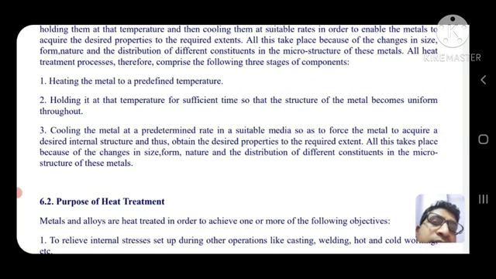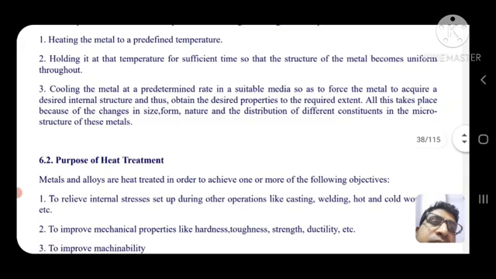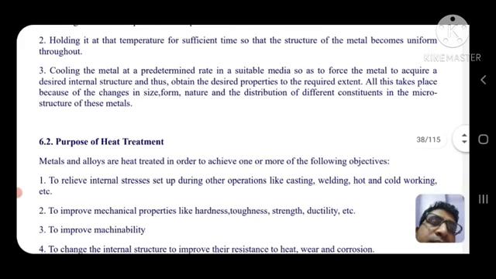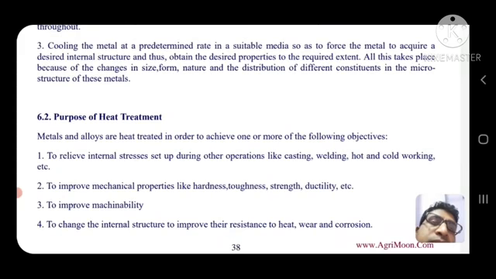All heat treatment processes therefore comprise the following three stages: heating the metal to a predefined temperature; holding it at that temperature for sufficient time so that the structure of the metal becomes uniform throughout; cooling the metal at a predefined rate in a suitable medium so as to force the metal to acquire a desired internal structure and thus obtain the desired properties to the required extent.